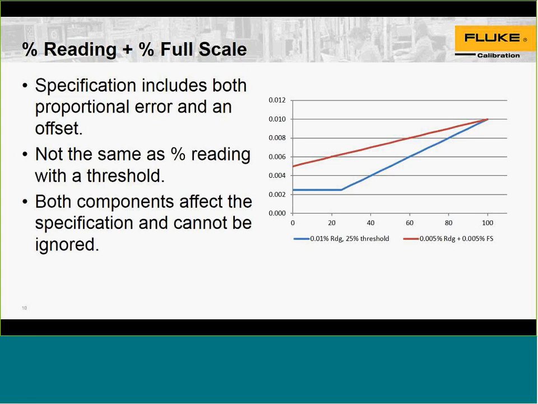You have a percent of reading plus a lower specification equal to the red plot added together. Knowing the difference between plus or not can make a huge difference in specification.